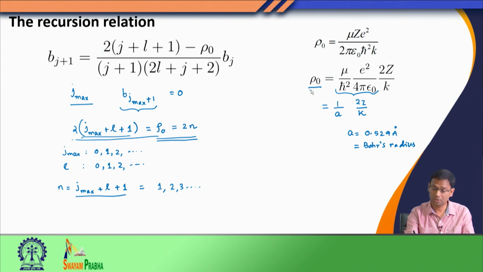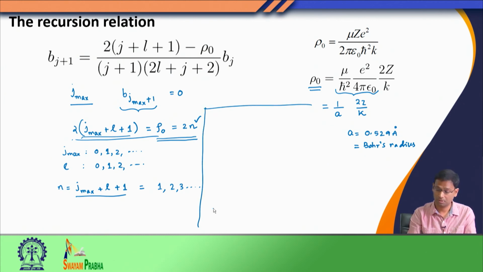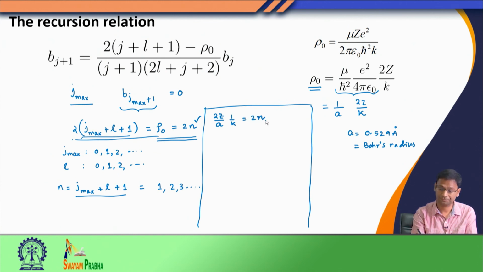So, our rho 0 is expressed as 1 over A times 2Z by k. But now we say that rho 0 should be equal to 2n. So, we would now use both pieces of information to see that 2Z by A times 1 over k is 2n.